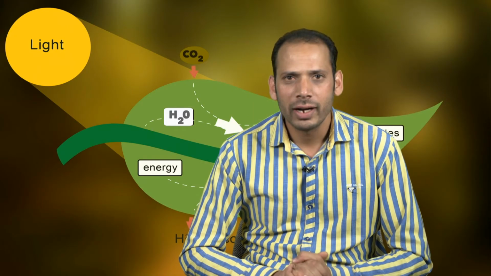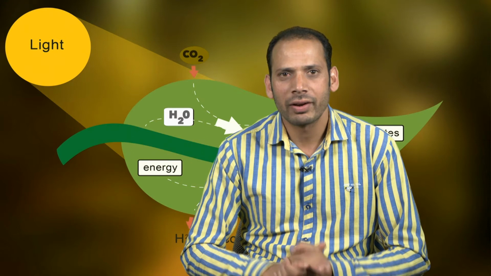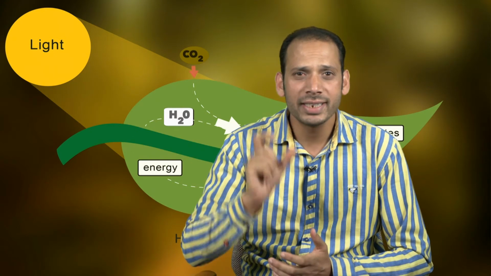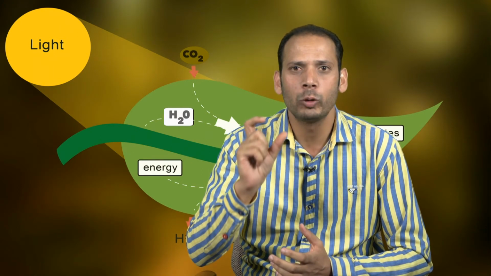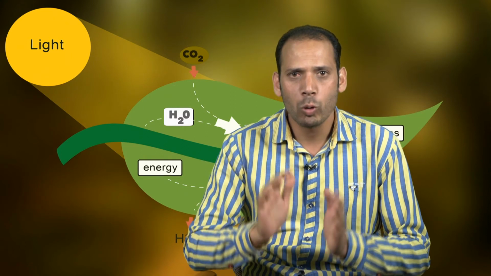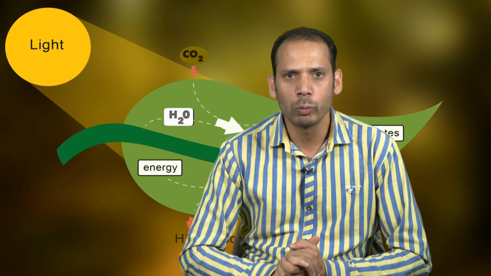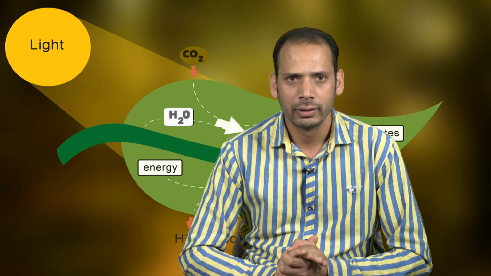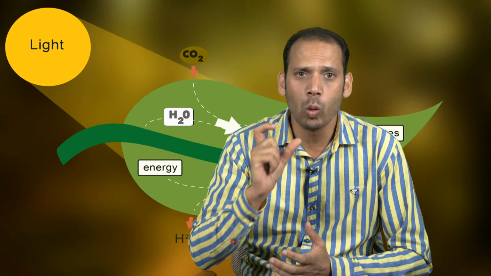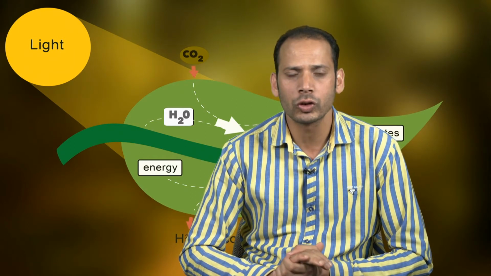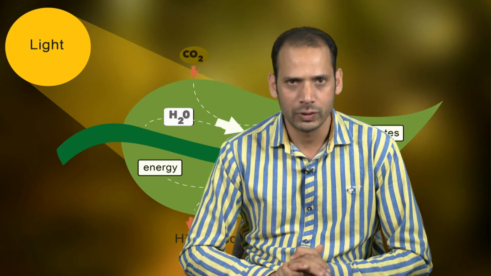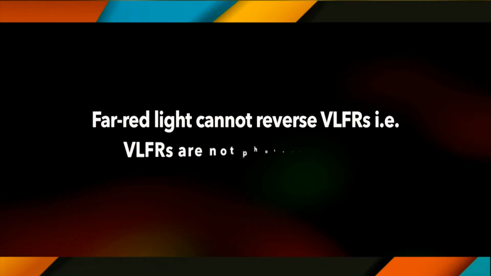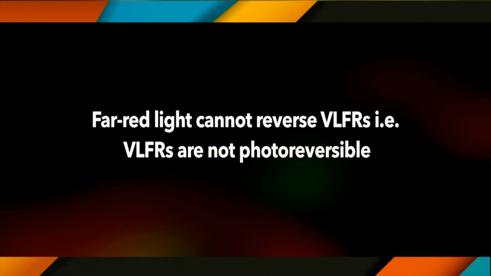Because the far-red light that would normally reverse a red light effect converts 97% of the PFR form to the PR form, about 3% of the phytochrome remains as PFR. That is significantly more than is needed to induce very low fluence responses. Thus, far-red light cannot reverse very low fluence responses.